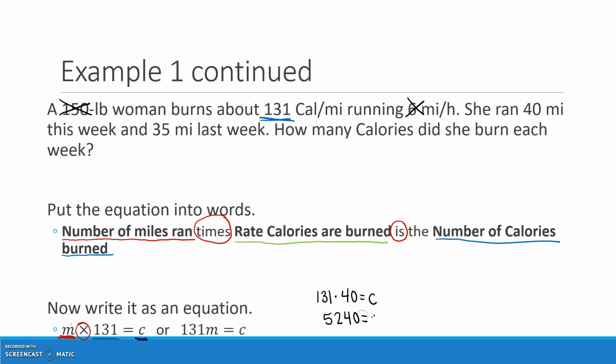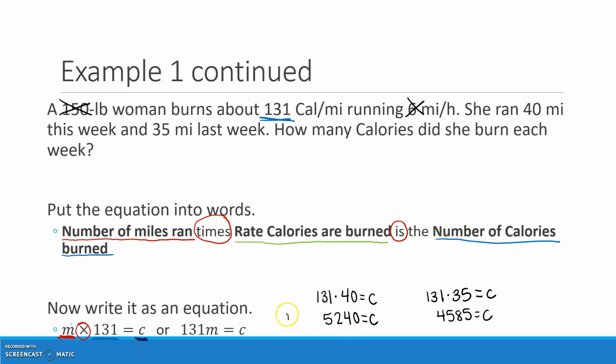So in 1 week she burned 5,240 calories. Then last week it says she ran 35 miles, which sounds absolutely horrible to me. Maybe some of you think that sounds awesome. But we've got 131 times 35, and we get 4,585.